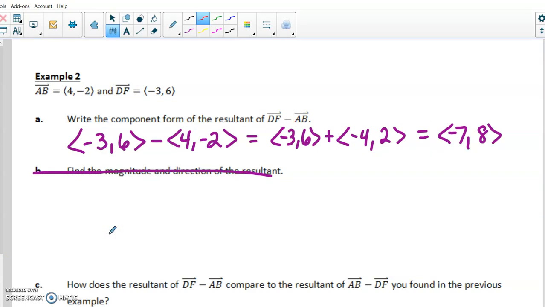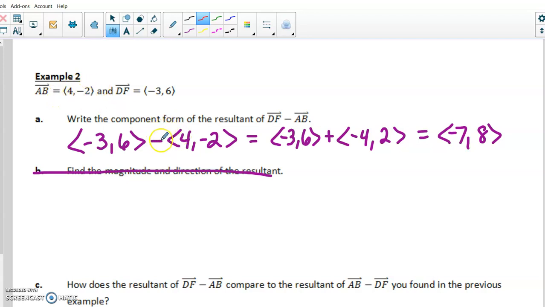All right, example 2. Again, you may want to try this one on your own. It's exactly like our last example. This time it wants me to do DF minus AB instead of AB minus DF. So on this one, I'm going to do -3, 6, because that's DF, minus 4, -2.